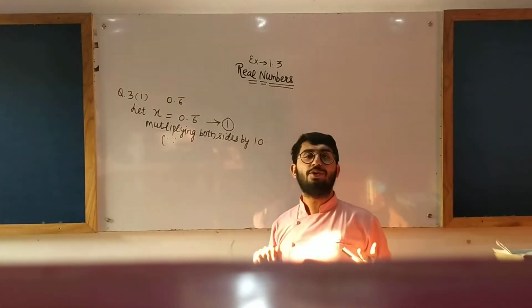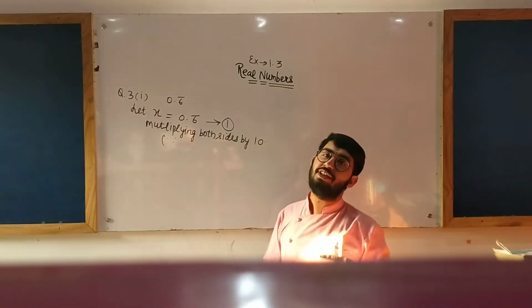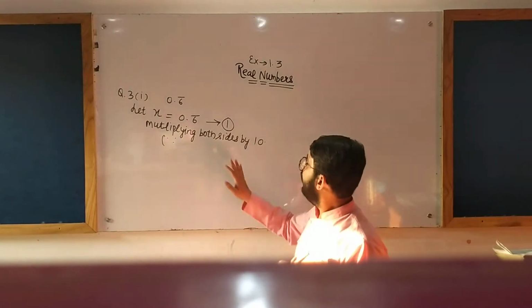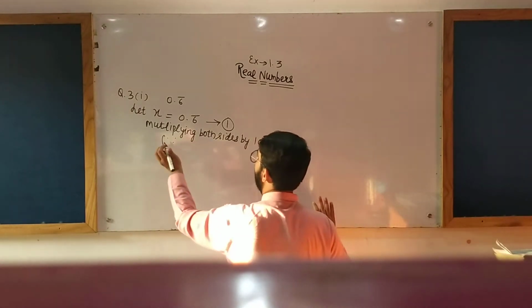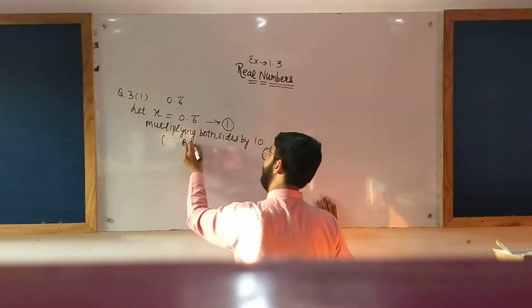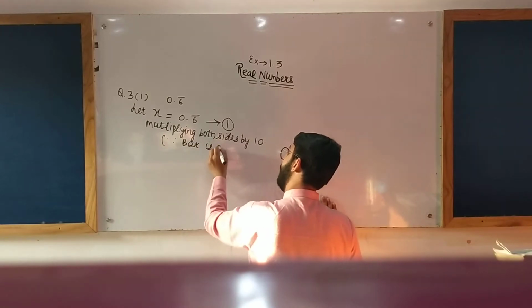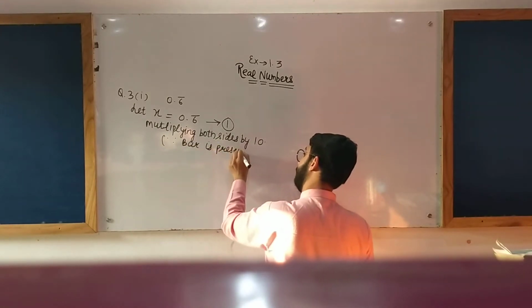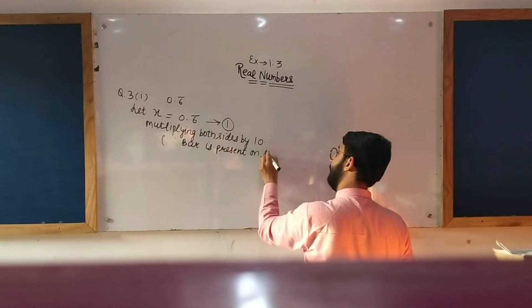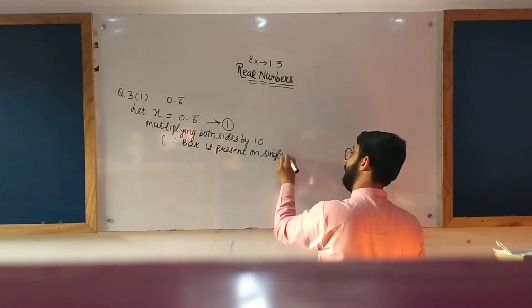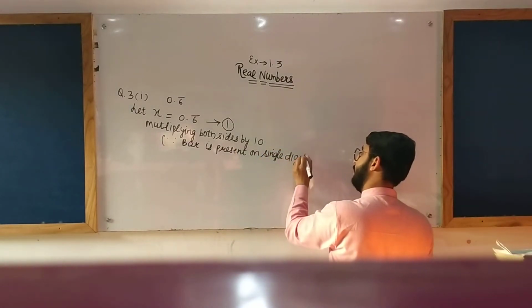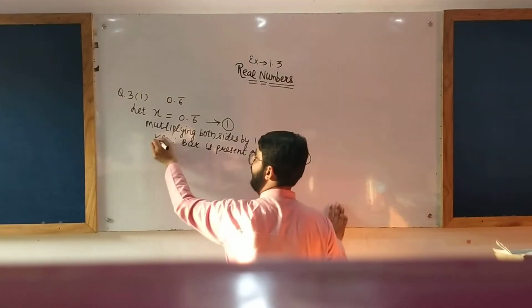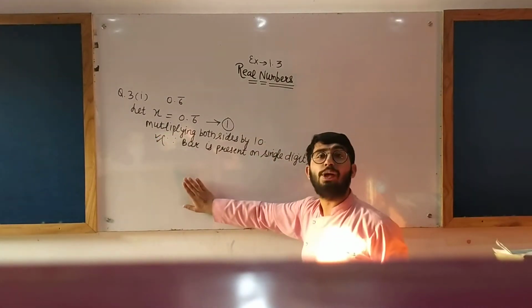Here the bar is present on a single digit, so we will multiply with 10, a single 0 with 1. Multiplying both sides by 10 because the bar is present on a single digit. You need not write this in the examination. I am writing this for you only.